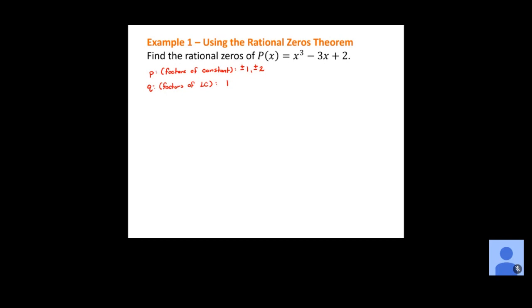Now, again, some combination of +1 could give us a 1, or what else could work? -1 times -1, right? So again, we need plus or minus. And again, that's always going to be the case with all of these factors. Always put a plus or minus there. Any questions about how we got the factors of the leading coefficient?